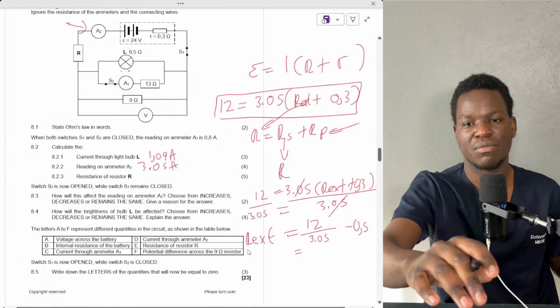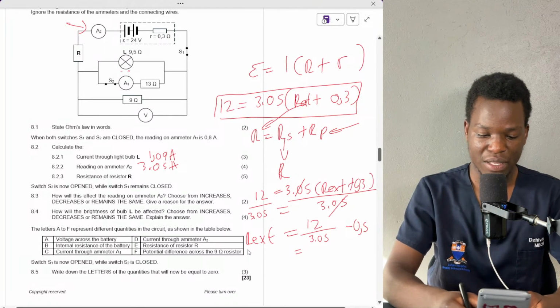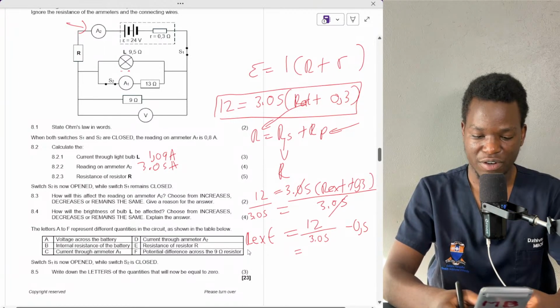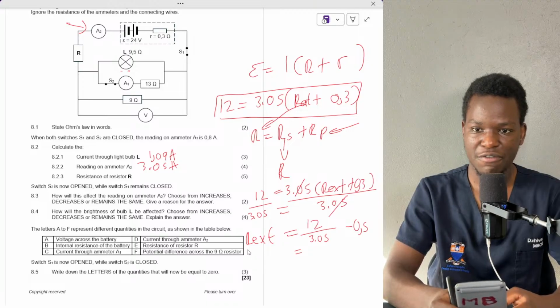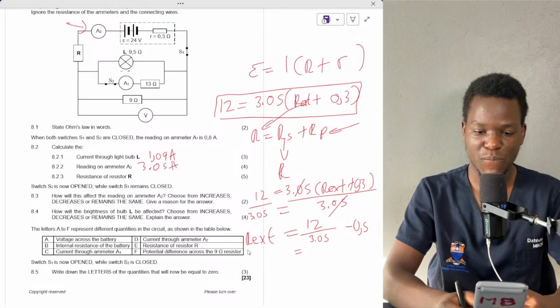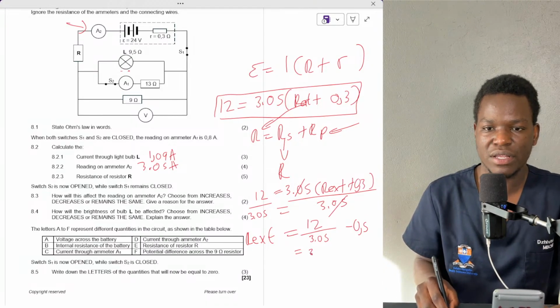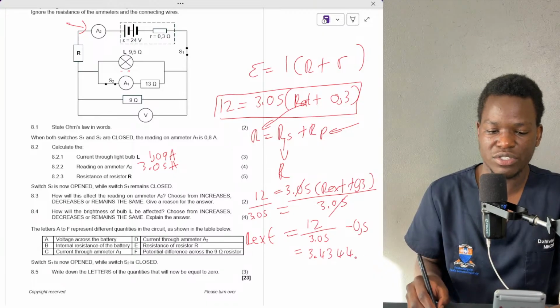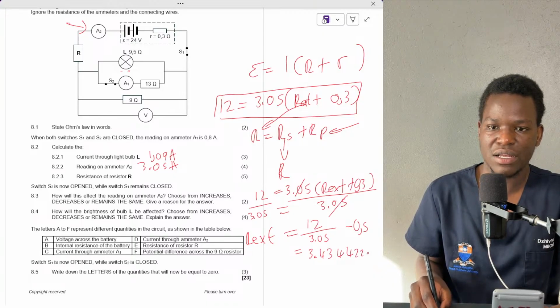So I hope I didn't lose anyone. 12 over 3.05 minus 0.3. So it's just going to be 3.63. But no, let's not round because this is not the final answer.